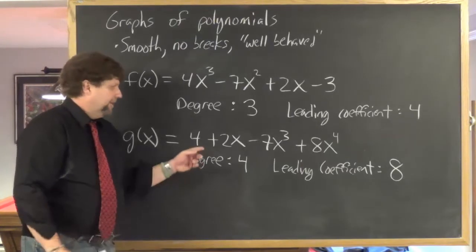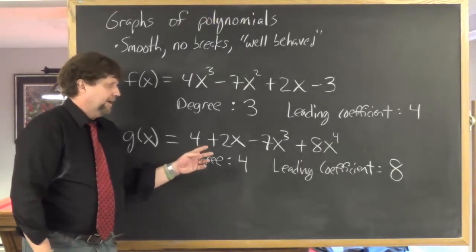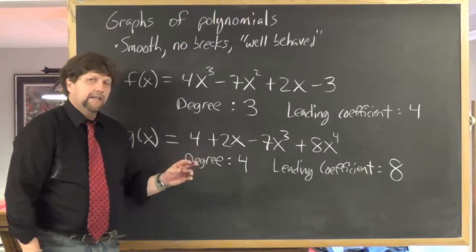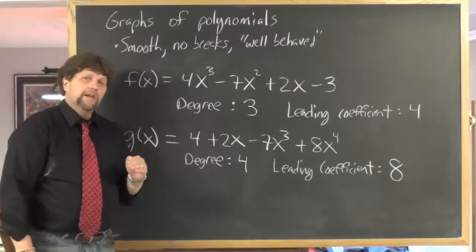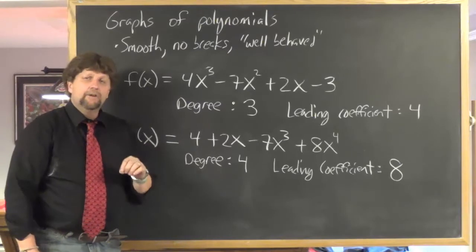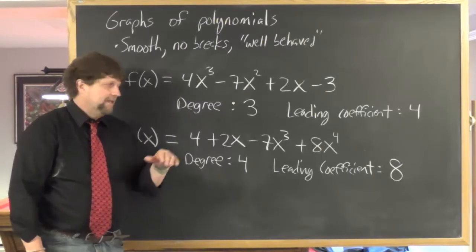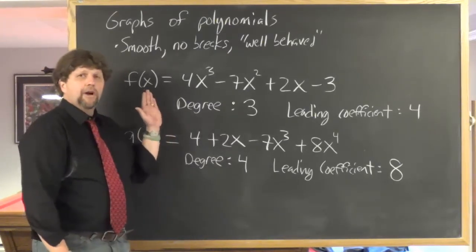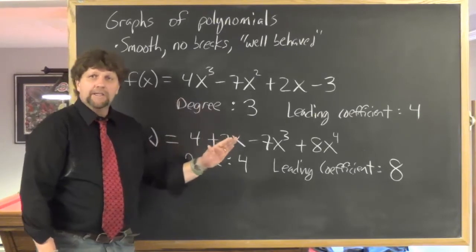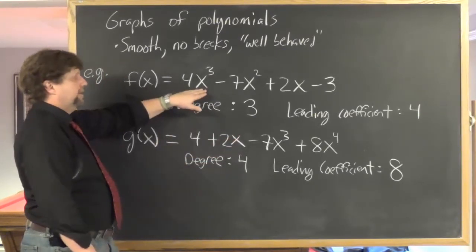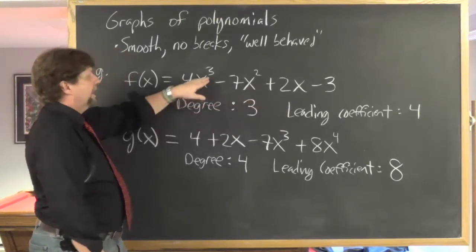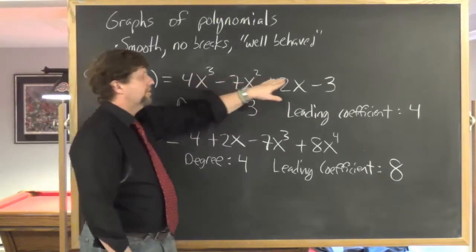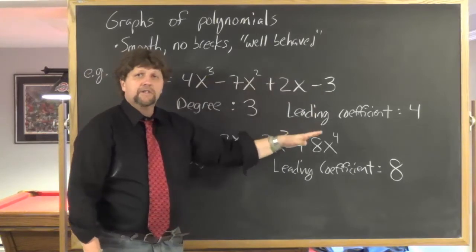This polynomial is actually written in what's called ascending order. At any time you can have your polynomial written in what's called descending order. Descending order just means the terms go from largest exponent down to smallest exponent. Notice the earlier polynomial is written in descending order. Exponents go 3, 2, 1. They progressively get smaller.